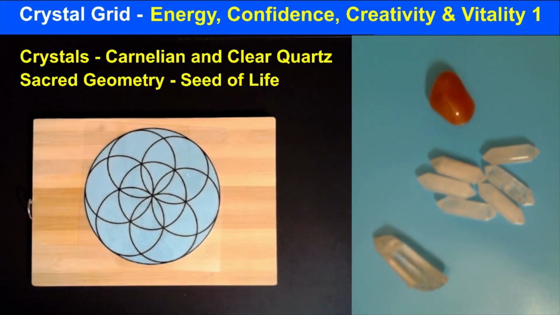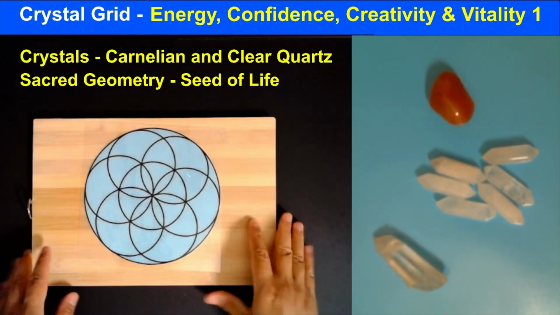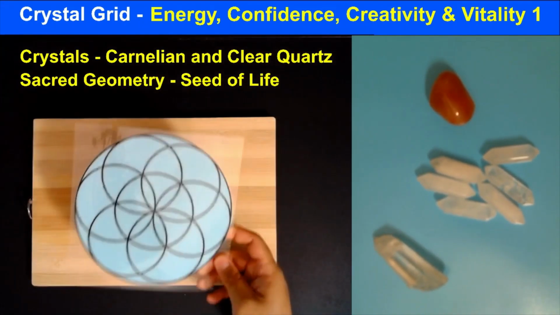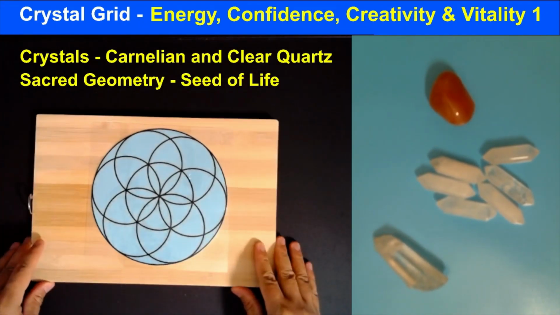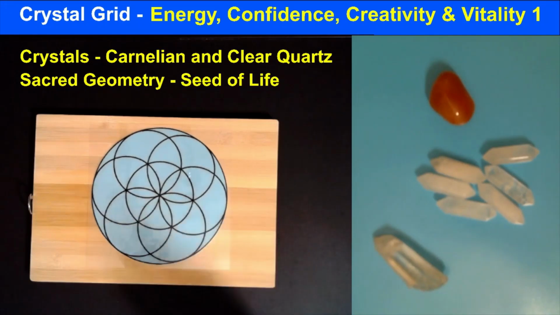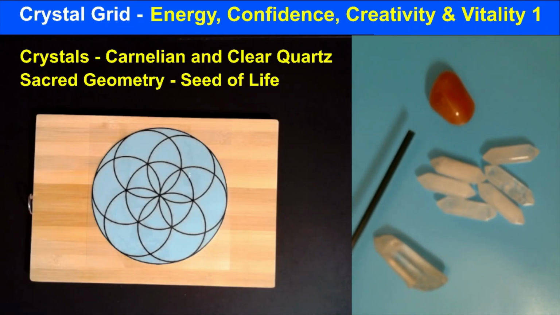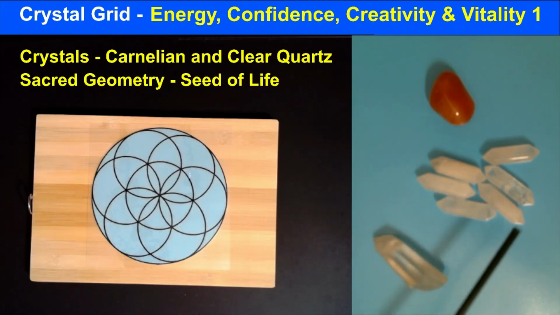So this is the first one, the sacred geometry that we use, and then we will be using some crystals here. When you look at the crystals, there are two types that we are going to use today. One crystal is the Carnelian, and the other is the clear quartz.